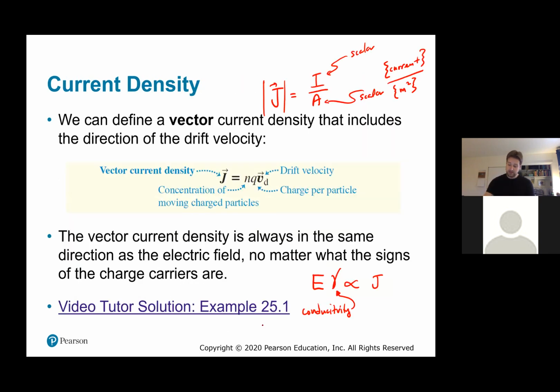So J is coulombs per second per square meter.